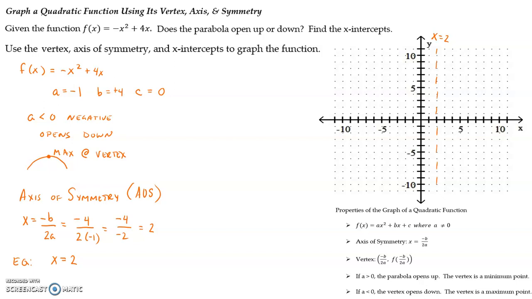And let's go ahead and calculate our vertex. Remember that the axis of symmetry and the vertex are going to share an x value, and we need to go ahead and calculate the y value for that vertex. So we want to come back up to our function, which was f of x equals negative x squared plus 4x, and we want to go ahead and plug in the 2 for each of those x values.